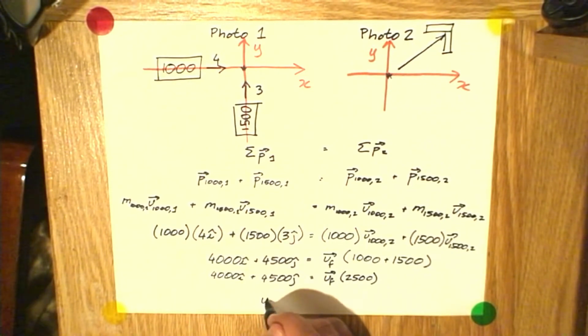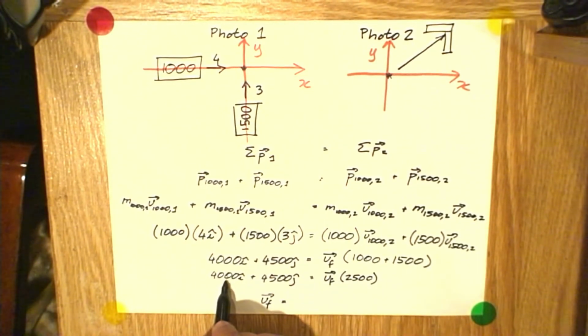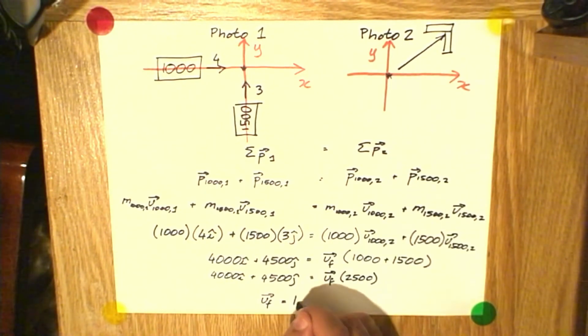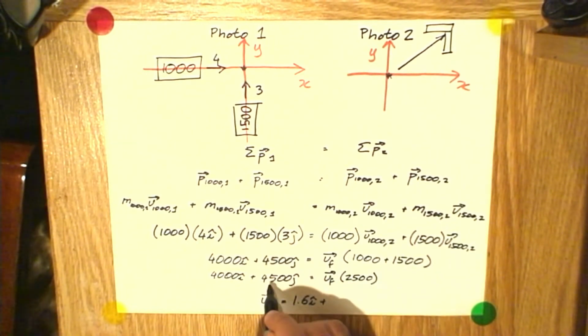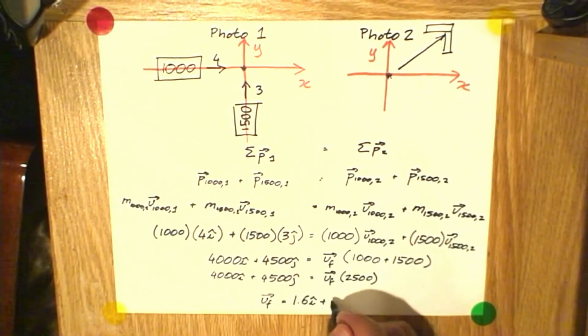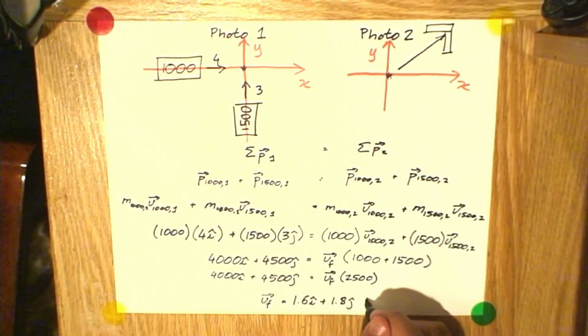So that's going to give us a final velocity of 4,000 divided by 2,500, which is 1.6 i hat, plus 4,500 divided by 2,500, which gives us 1.8 j hat. And that would be in meters per second.